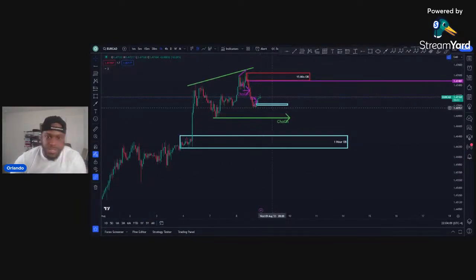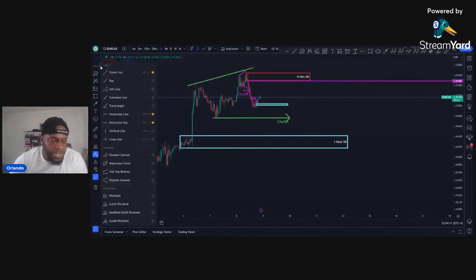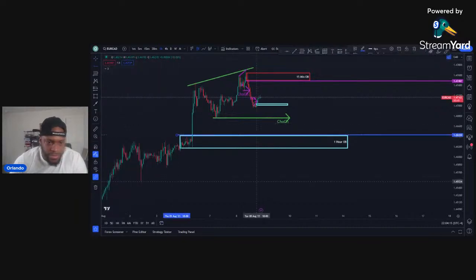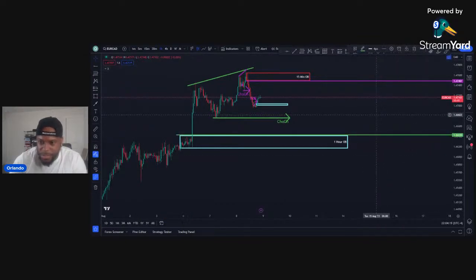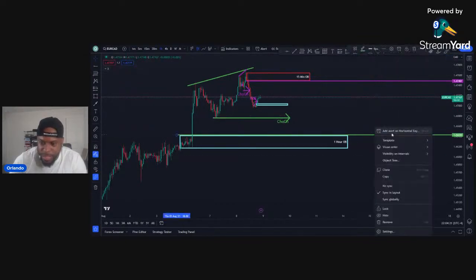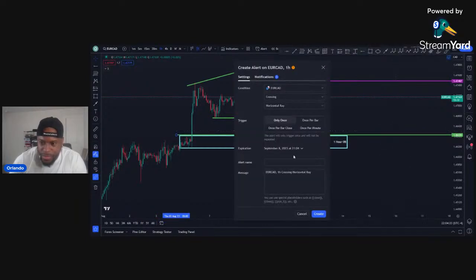If price wants to come down here, we can simply put a horizontal ray over here and mark it green because it's a 1 hour alert. Then the typical name is EuroCAD 1 hour demand POI.